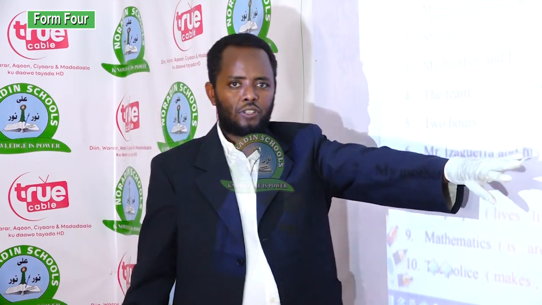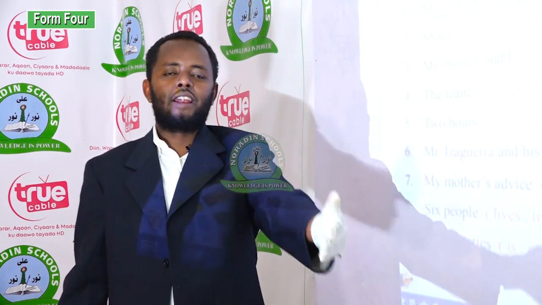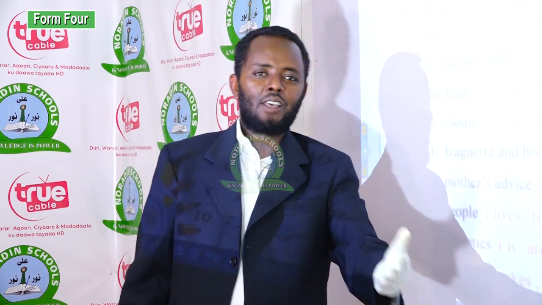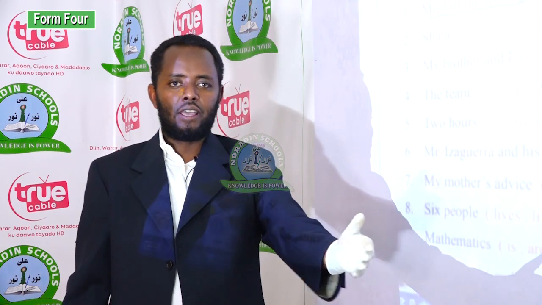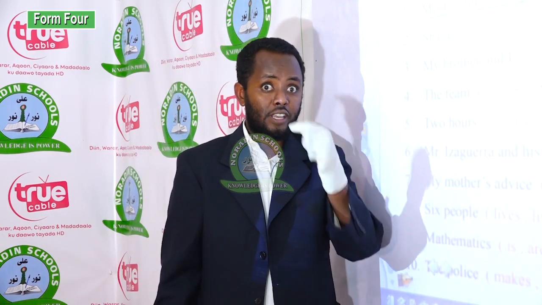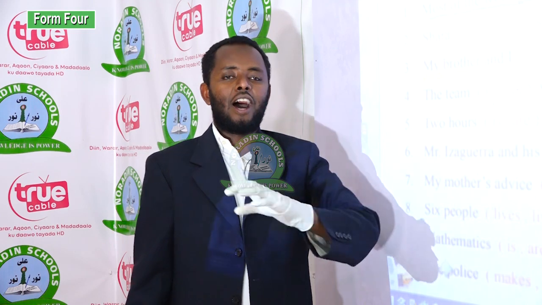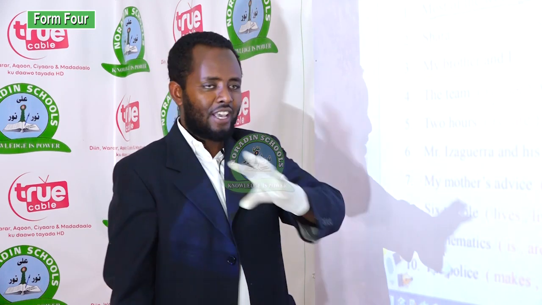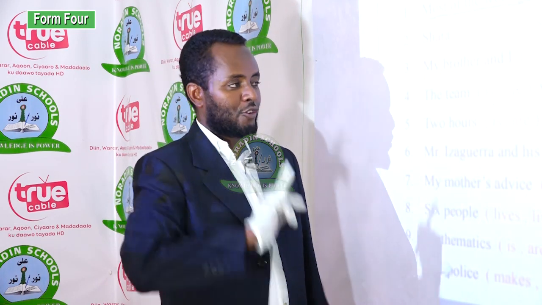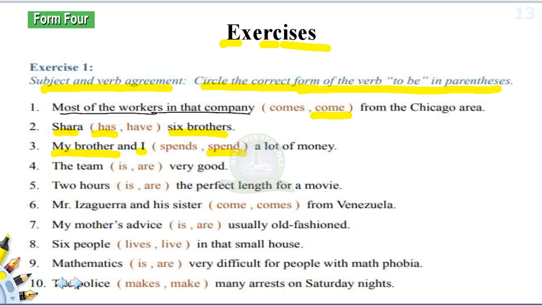Always say my brother and I, my mother and I, my father and I, my teacher and I, Ahmed and I, Ismail and I. Do not say I and the teacher, I and my brother. That's the correct answer.